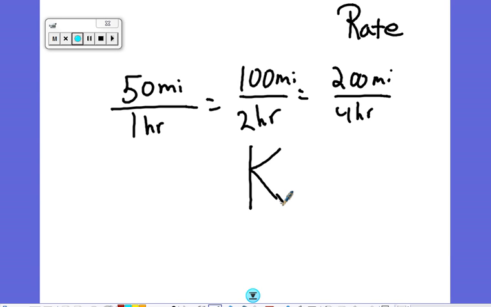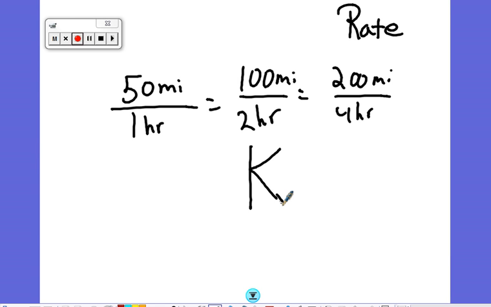Because the German mathematicians that did this don't spell constant with a C, they spell it with a K. So in math, when we talk about rates, we use a K, even though in English it should be a C. So K is going to stand for constant for us.